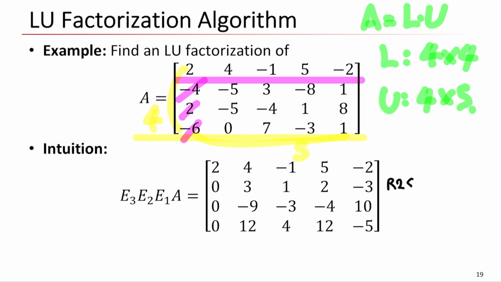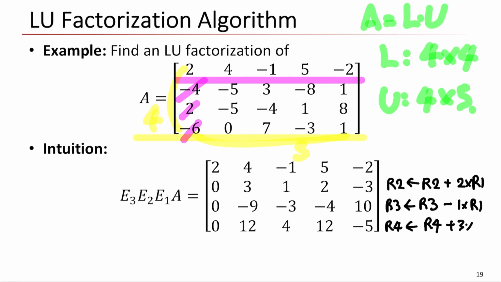R2 will be R2 plus 2 times R1. R3 will be R3 minus 1 times R1. Okay. R4 should be R4 plus 3 times R1, right?